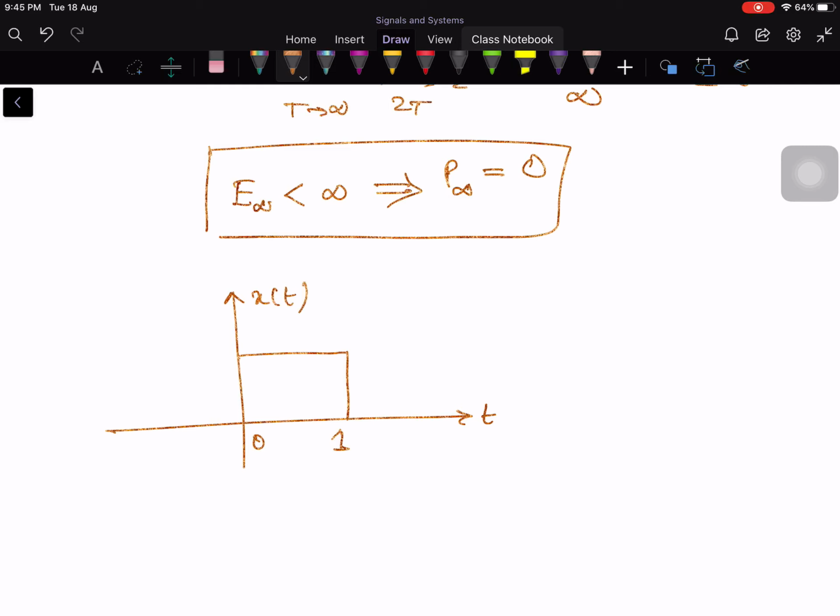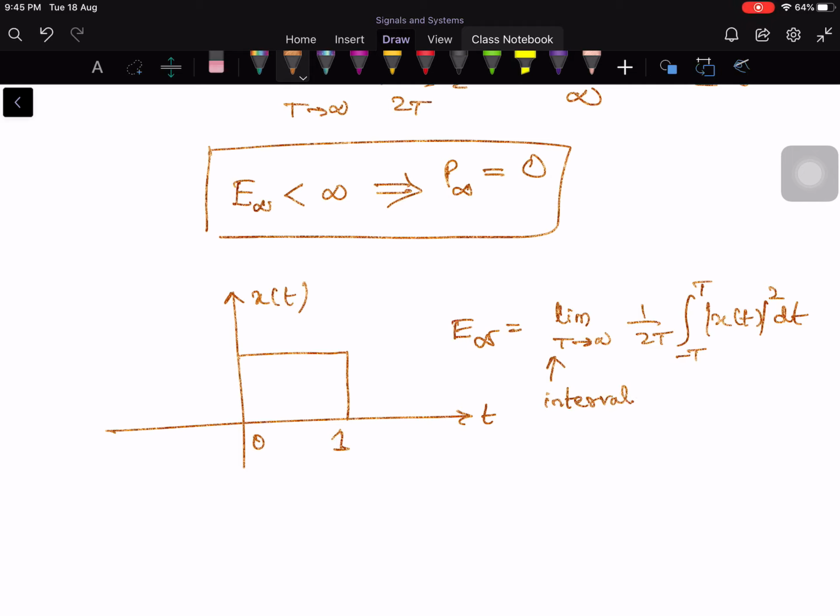Now you can find out the energy of the signal. What is the energy? E infinity is equal to limit T goes to infinity, 1 over 2T, integral from minus T to plus T of x squared of t times dt. Now what is capital T?